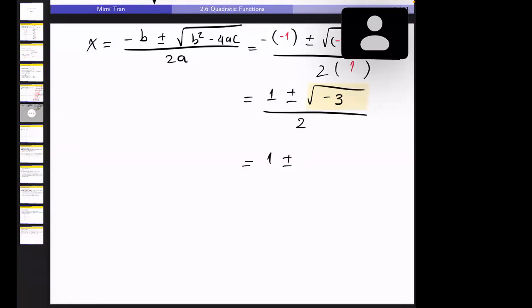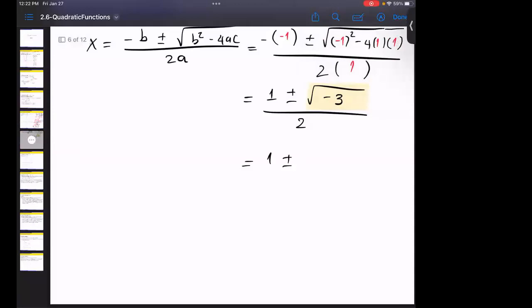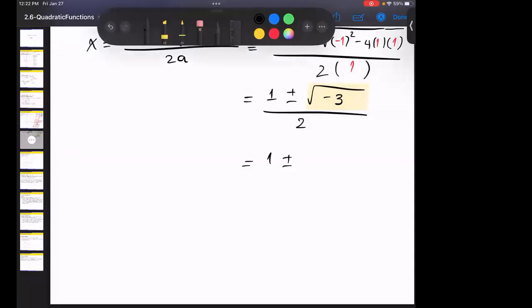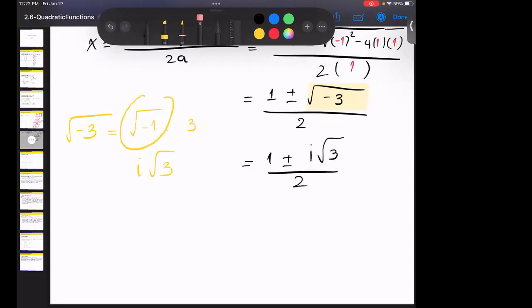How would I rewrite the square root of negative 3 in terms of i? So the square root of negative 3 equals, I can split it into the square root of negative 1 times the square root of 3. What's the square root of negative 1? i, right? So i square root of 3, and that becomes i square root of 3 over 2. It's an imaginary solution.